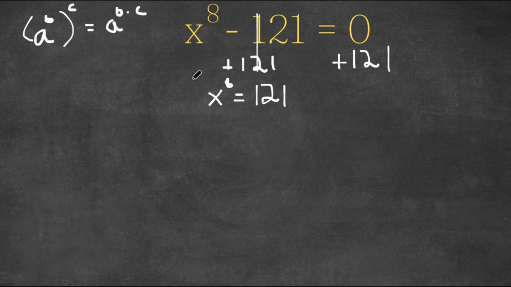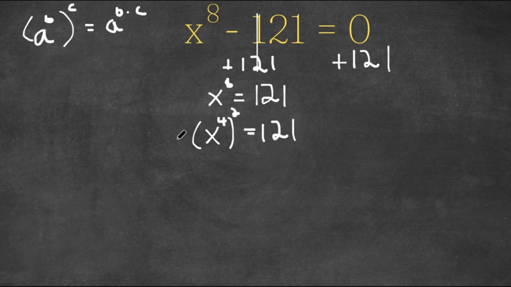So we're going to change our x to the power of 8 so that it is in this form, a to the power of b to the power of c. We're actually going to change this to x to the power of 4, to the power of 2, because 4 times 2 is 8, and that's x to the power of 8. And this is equal to 121.